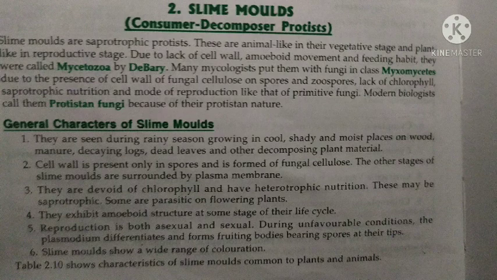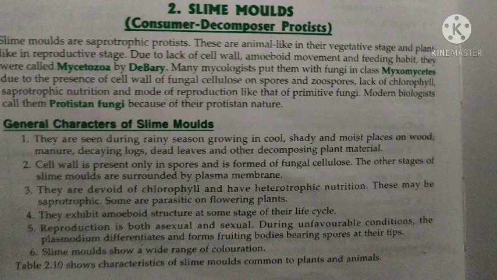So dear students, you should know the important features of slime mold: they show animal-like behavior in their vegetative phase but plant-like behavior in the reproductive phase, they do not have cell wall, and they show amoeboid movement. Another important thing is that they do not have chlorophyll and they reproduce by means of spores.